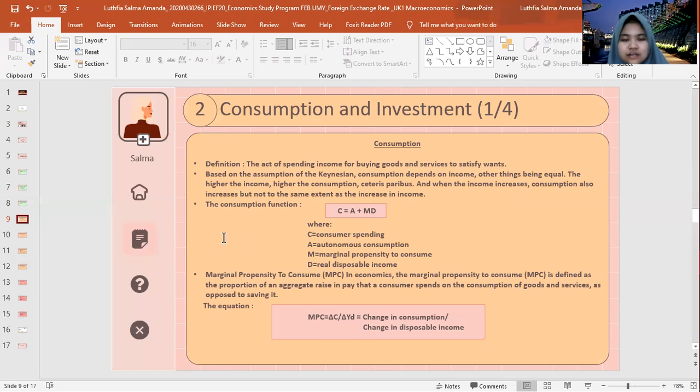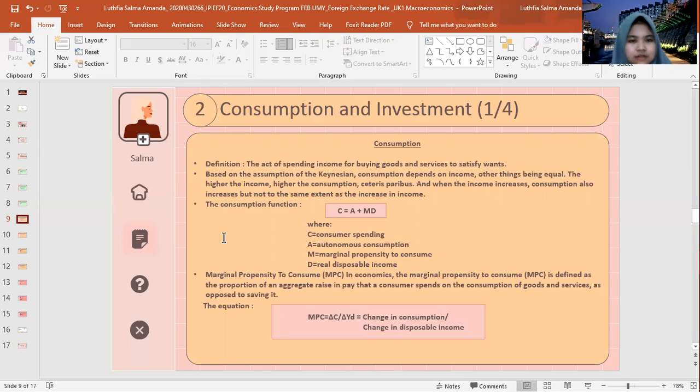When income is higher, consumption increases, but not to the same extent as the increase in income.